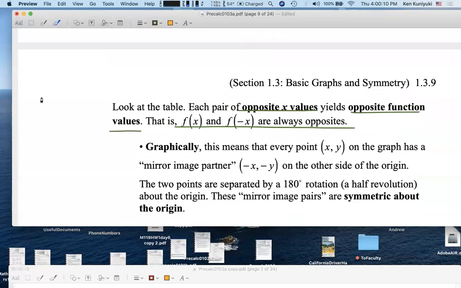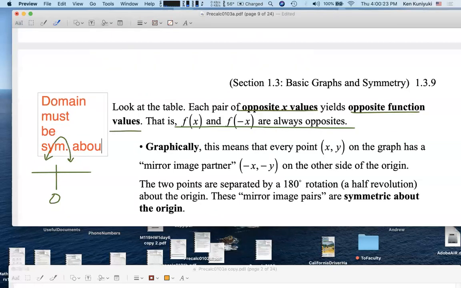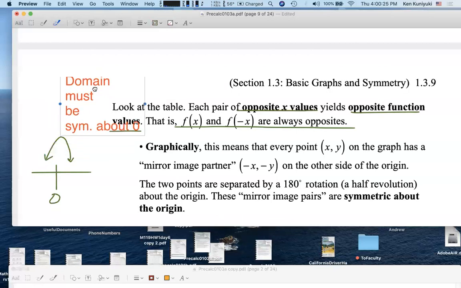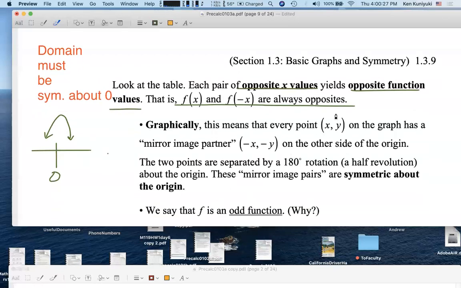And once again, the domain must be symmetric about 0 to ensure this kind of odd symmetry, so that these partner x values exist. Right. So if (x, y) lies on the graph, so must (opposite of x, opposite of y).